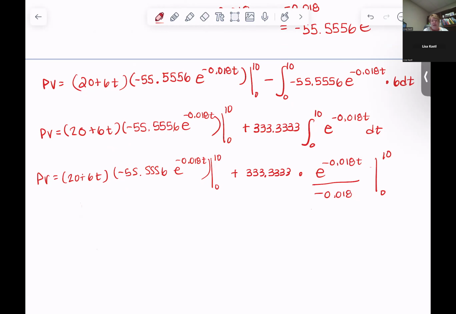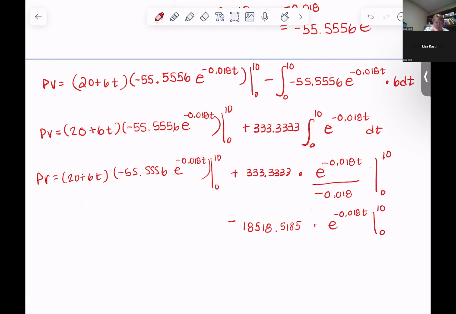Okay, so if I take 333.3333 and divide it by negative 0.018, I get minus, what do I get? 18,518.5185 times e to the minus 0.018 t that we're evaluating from 0 to 10.